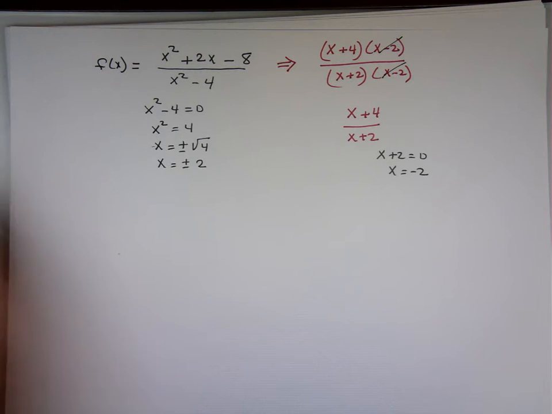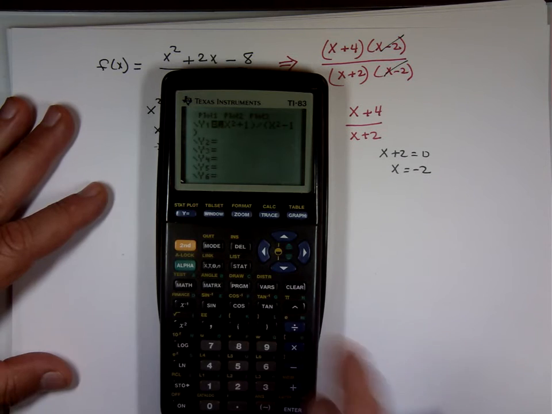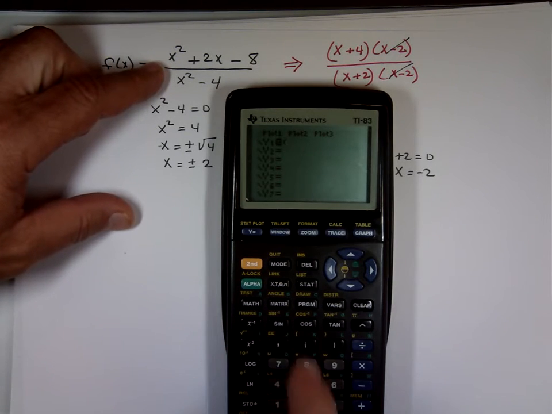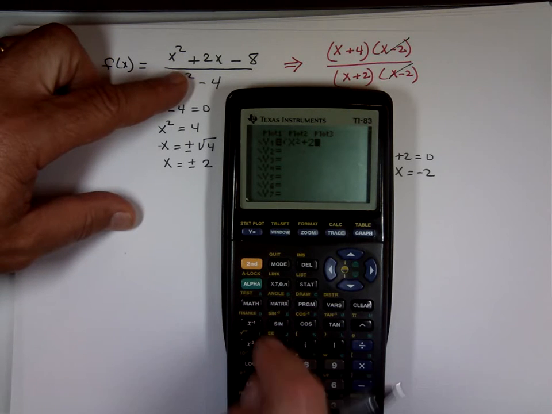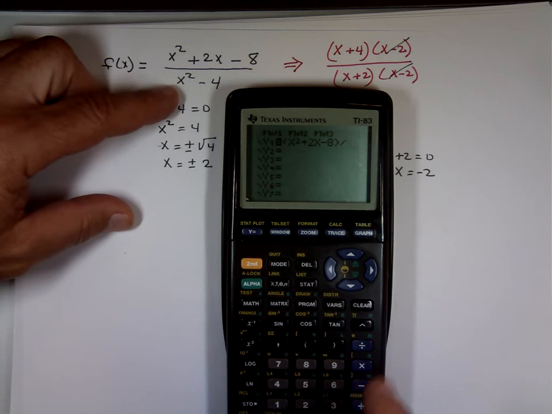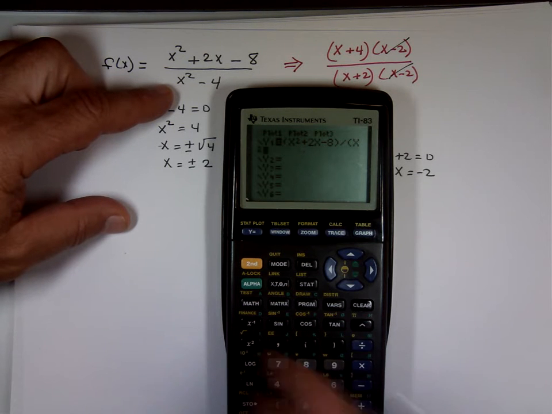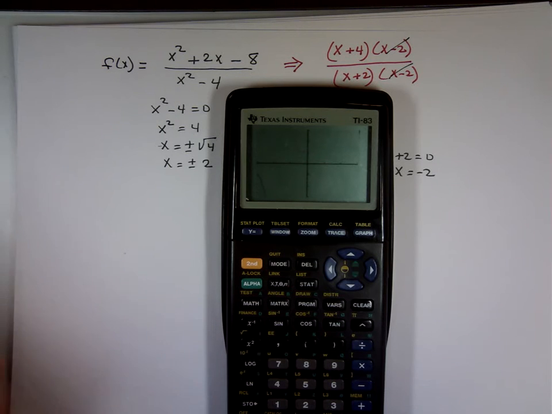Well, watch the graph on my calculator. Y equals, clear that. I'm going to type that function. x squared plus 2x minus 8 divided by parentheses x squared minus 4. Graph it. Let me zoom in even more.